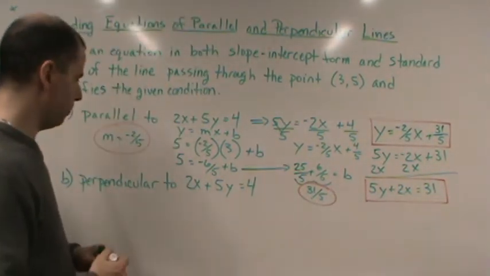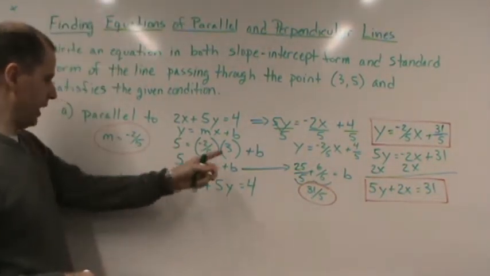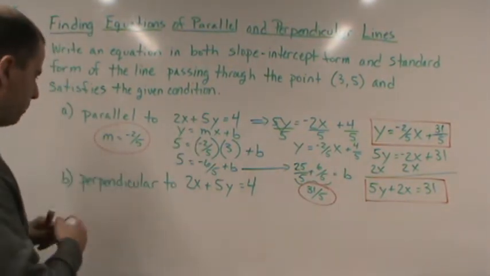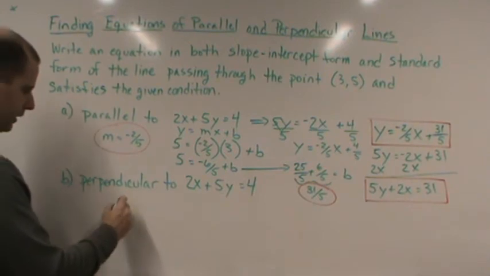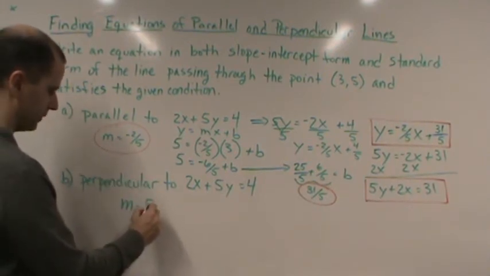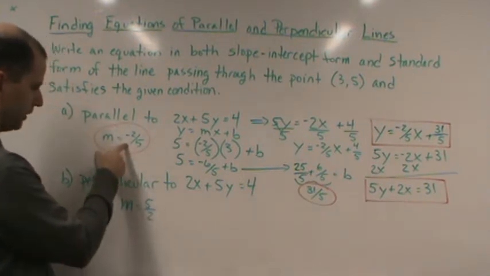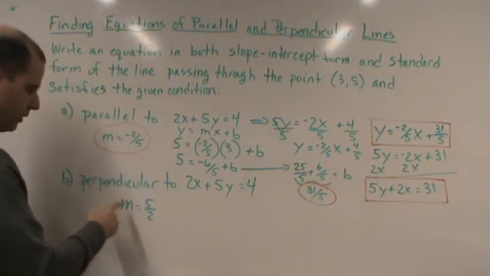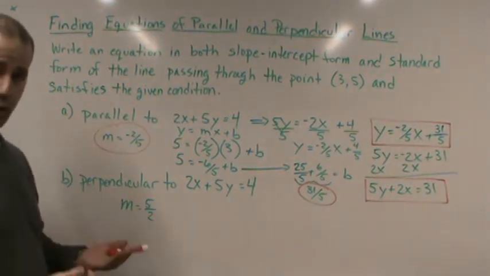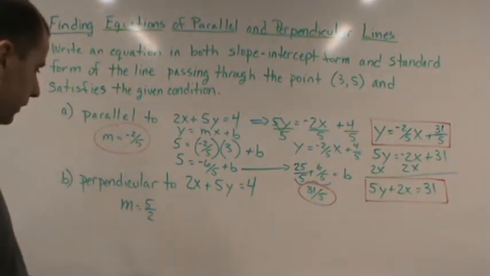We know the slope of the line we're starting with is negative 2/5. So that means the slope for the perpendicular line must equal, well, what? 5/2. Right? The negative reciprocal of this one is 5/2. So now we got the slope, so we don't have to do any extra work other than just realize what we're doing with perpendicular lines.